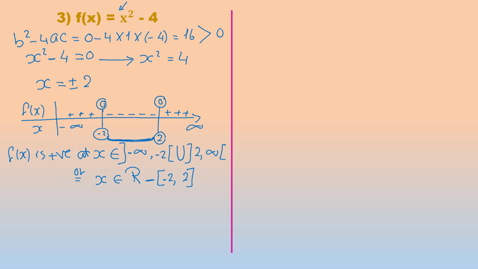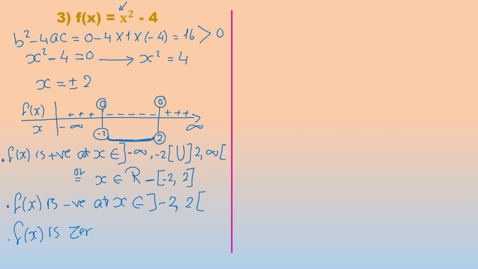That's the first one. Then f of x is negative at x belongs to from negative 2 opened to 2 opened. The last one, f of x is 0 at x belongs to negative 2 and 2.